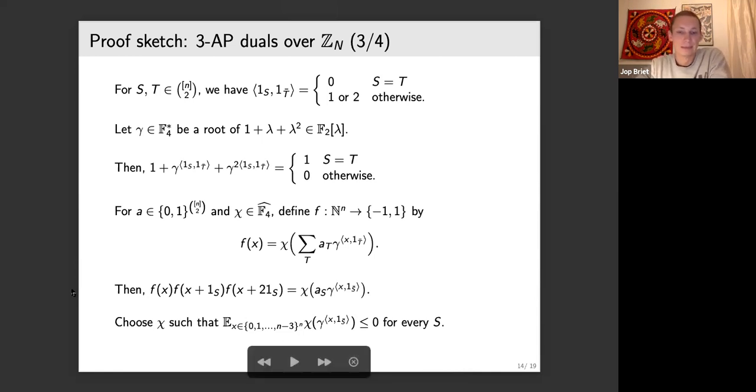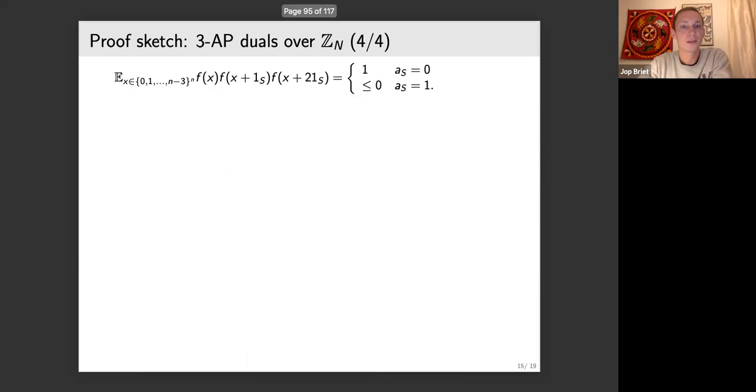Okay. So now we're pretty well on our way to finding high-dimensional hypercubes. What we have up to now are functions f that have this property.